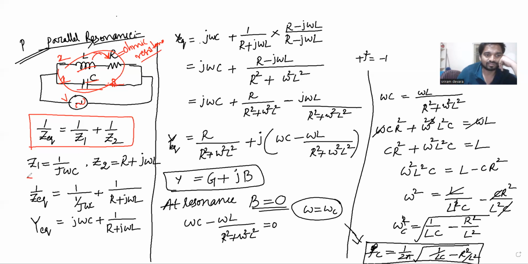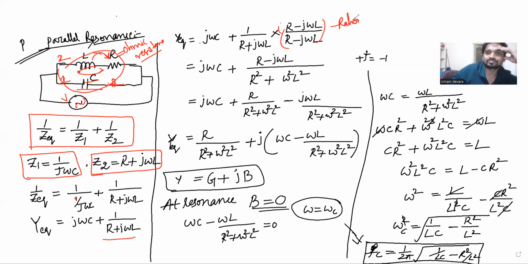In branch 1, the impedance offered by the capacitor is 1 by j omega C, and the impedance offered by Z2 is R plus j omega L, because these two are connected in series. So 1 by Z equivalent becomes 1 by j omega C plus 1 by R plus j omega L. I substitute it here and rationalize.